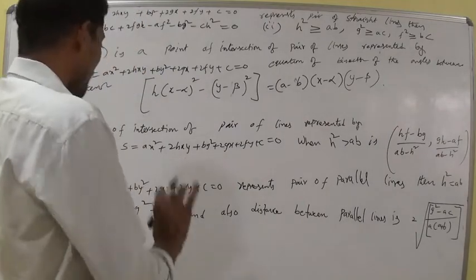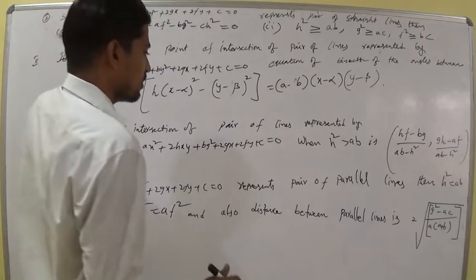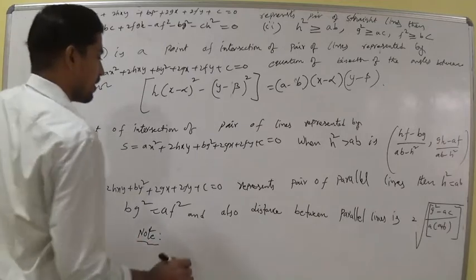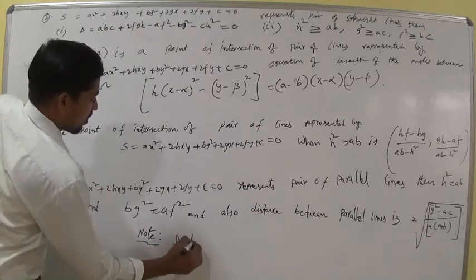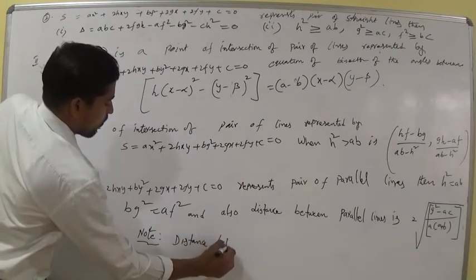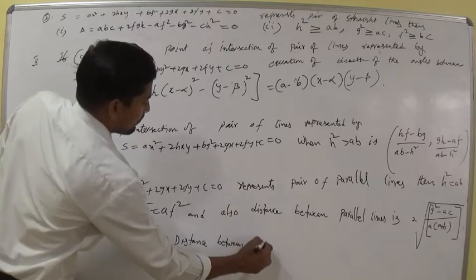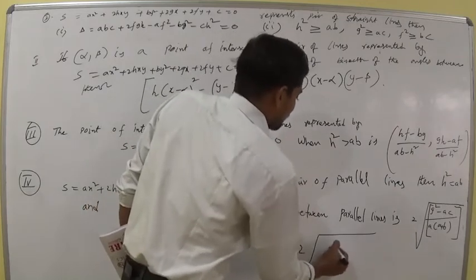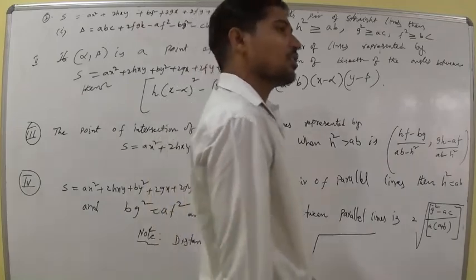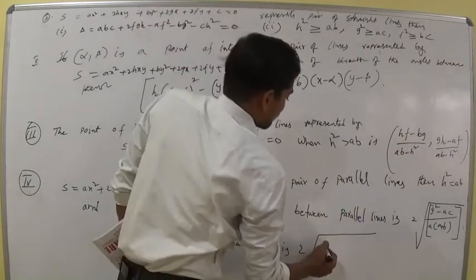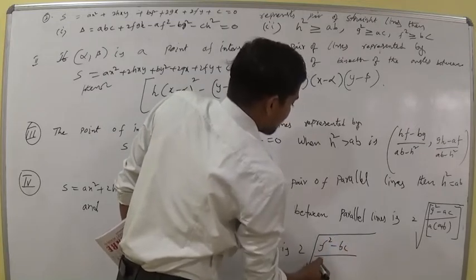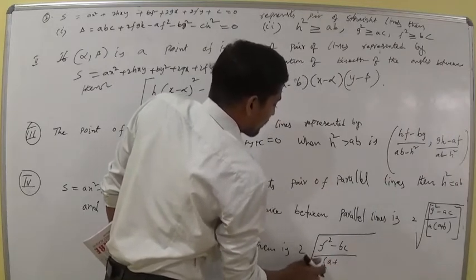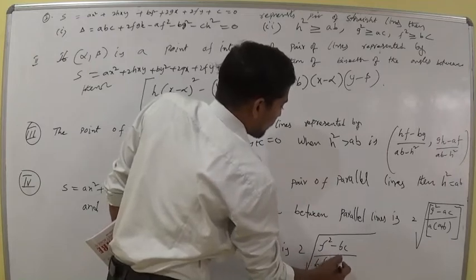Sometimes the distance between two parallel lines is equal to, note, 2 square root of g square minus ac, now f square minus bc by a into a plus b, now b into b plus c, right?